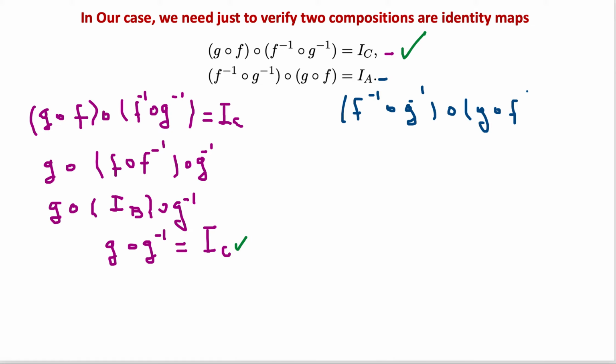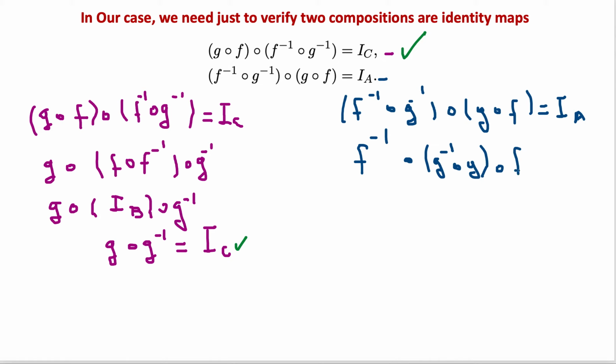Everything is equal to the identity map in the set A. So let's see, can we prove it? Again, as we did before, the inverse function of f is composition with the inverse function of g, composition with function g, and everything composed with function f.